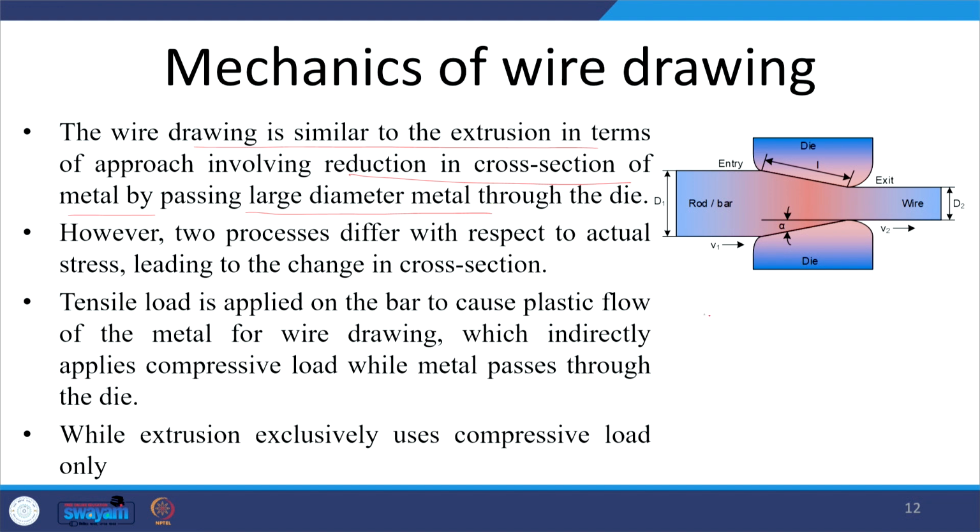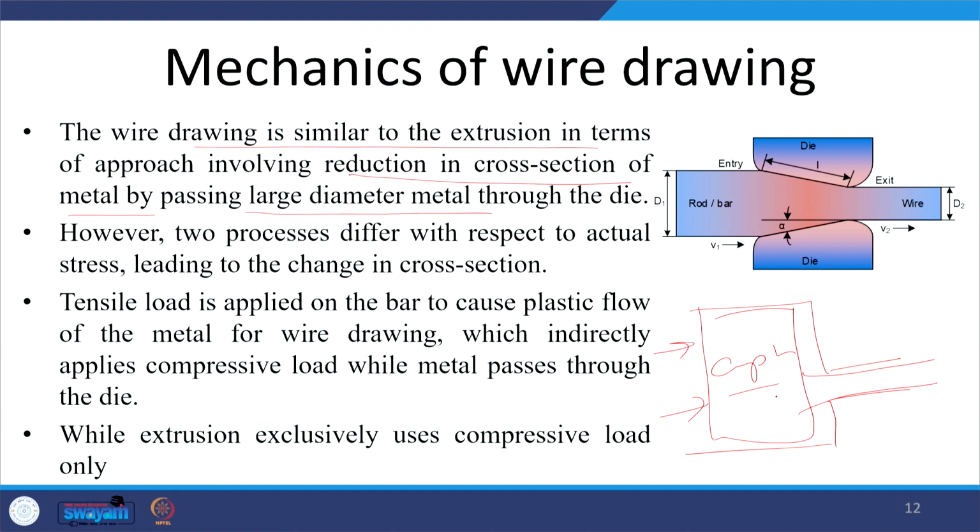Okay. So, in case of extrusion, what we have seen, say this is the die chamber and here we have the large diameter material, this is pushed. When it is pushed, the material starts flowing through the nozzle. So, there is a great reduction in diameter, but here we apply compressive force. Reduction in cross section is there in both cases, in wire drawing as well as in extrusion.